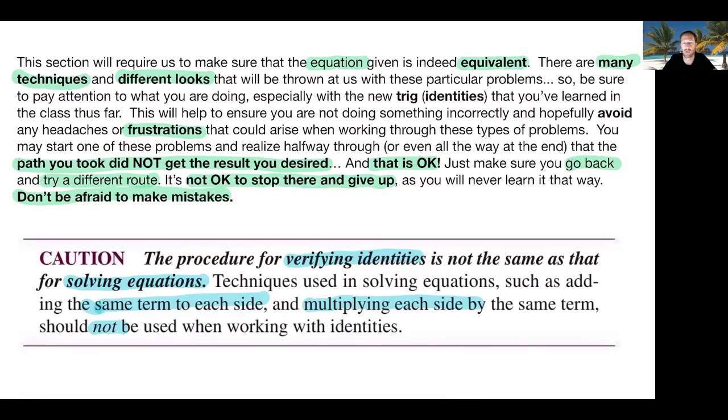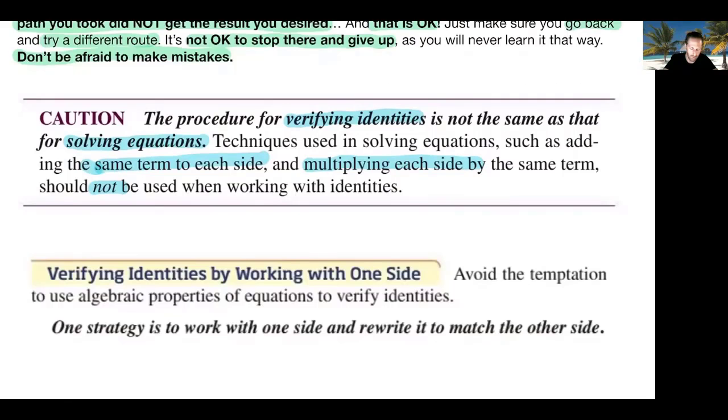And we shouldn't be treating it like they already are equivalent, like we've done in most all of our past career in math. We're going to be using the strategy of working with one side and then rewriting it to match the other side. Okay? Try not to use any of the things that we talked about up here, adding or multiplying, dividing to each side.